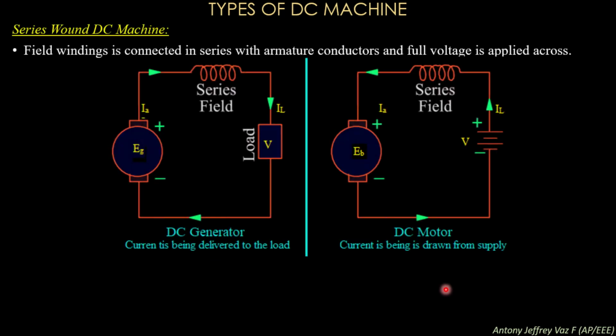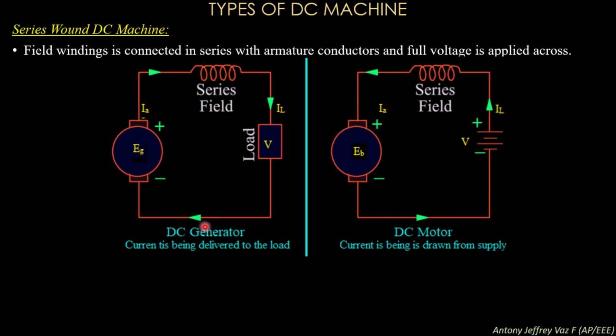The next type of machine is the DC series machine, or series wound DC machine. In this case, the only difference is that the field coils are connected in series with the armature. This figure represents the DC generator and this figure represents the DC motor.